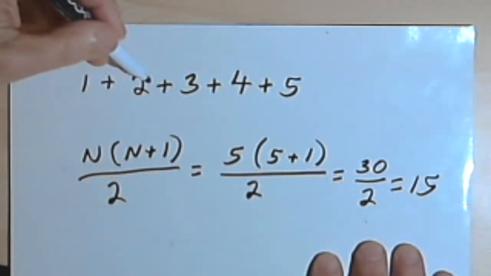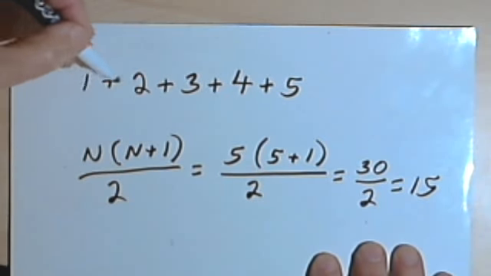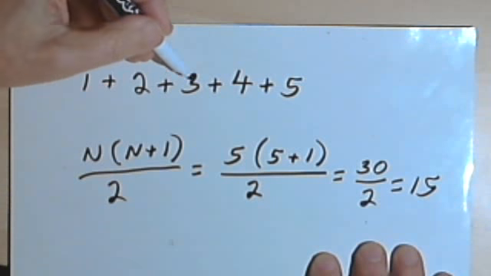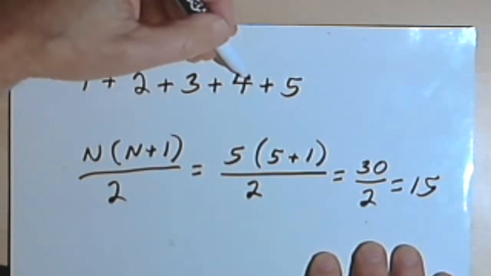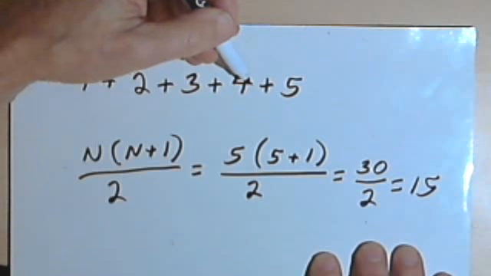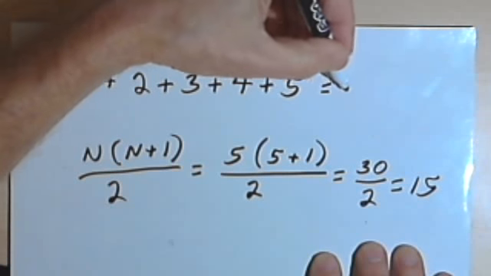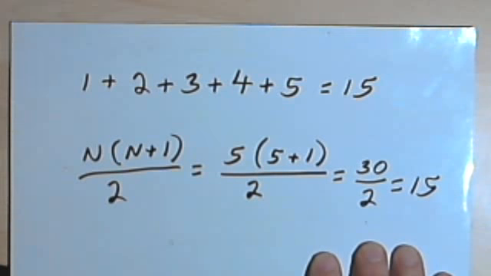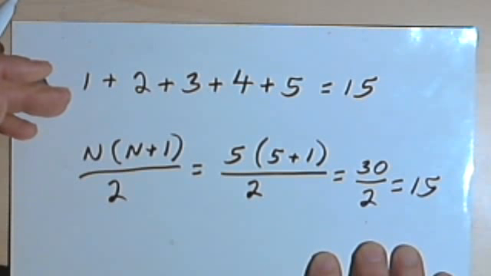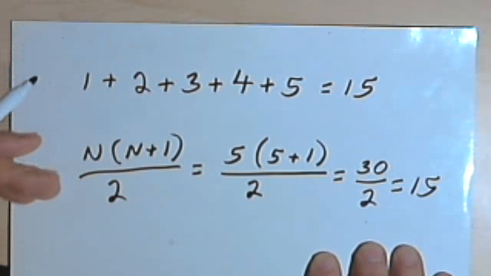And we can add these numbers up and make sure it equals 15. 1 plus 2 is 3, plus 3 more is 6, 6 plus 4 is 10, and 10 plus 5 is 15. So I think now we can see that this formula is going to work for both an odd and an even number of terms.